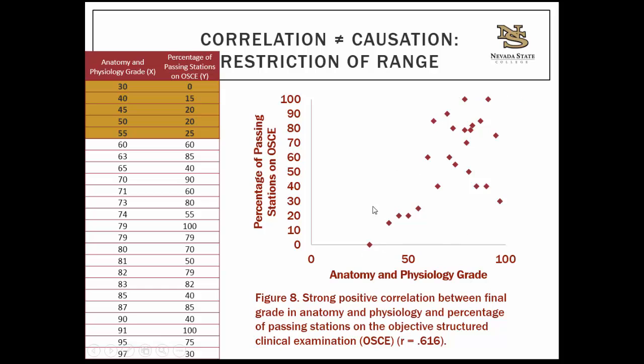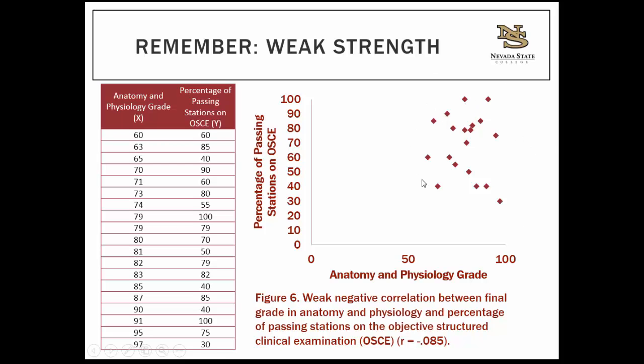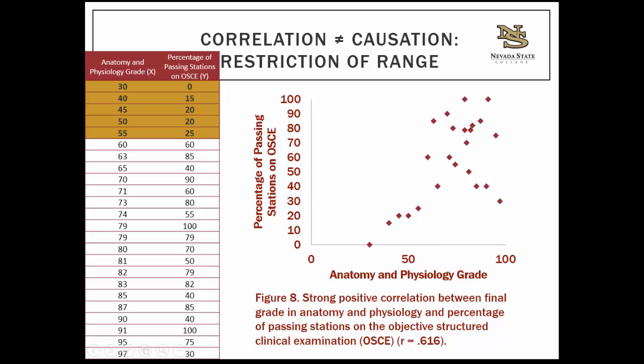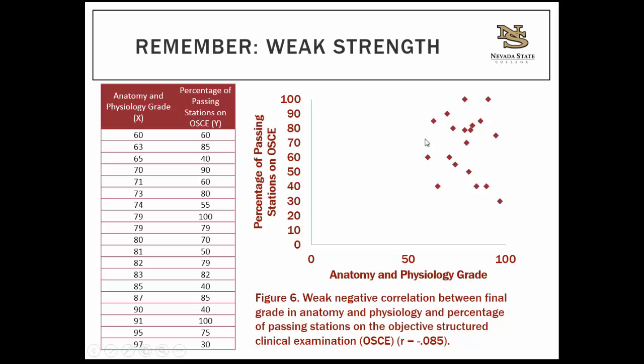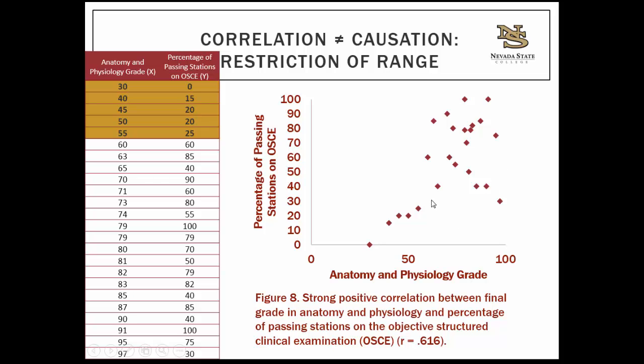As opposed to here, if we draw a circle around these data points, it's a big, huge circle. It's not very narrow. The data is just scattered all over the place. So this is an example where you don't have the full range of scores in the population. You don't have this. You're just left with this, and the overall relationship looks weaker than it is in reality.